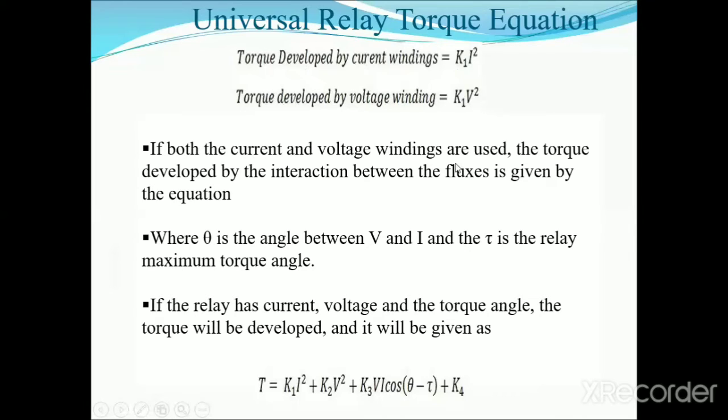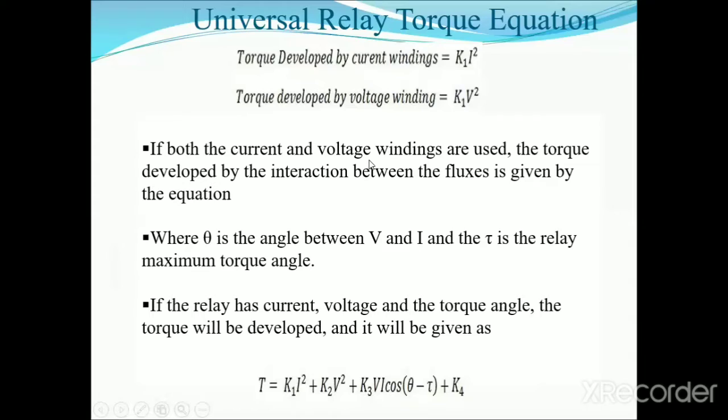In electromagnetic relays we use the current and voltage windings. If both are used, the torque is developed by the interaction between the two fluxes. We already observed in the last class that overcurrent relays are transient relays.